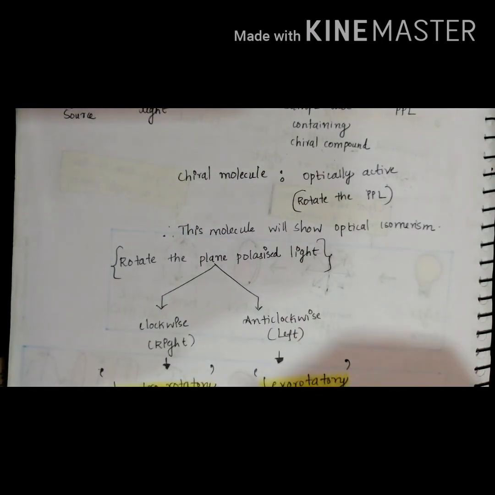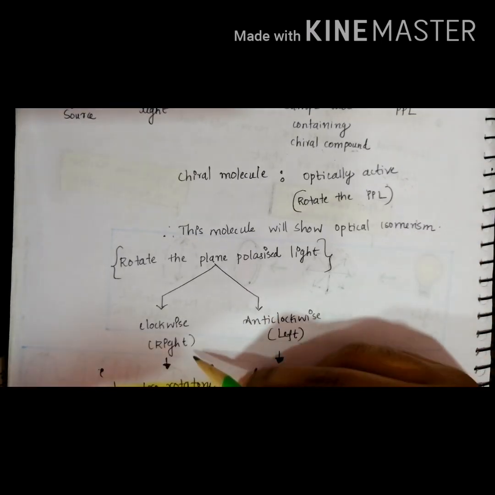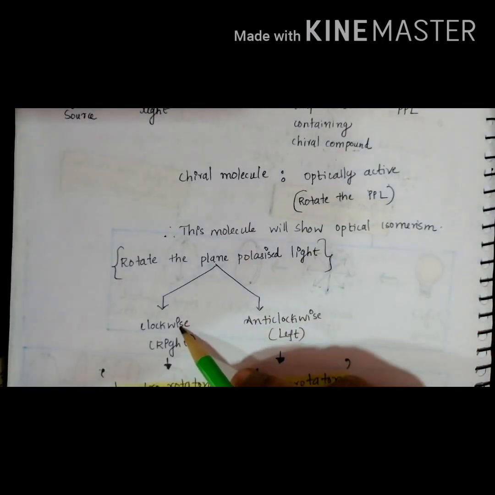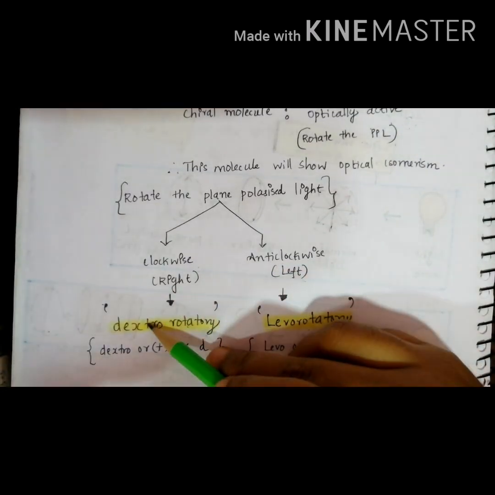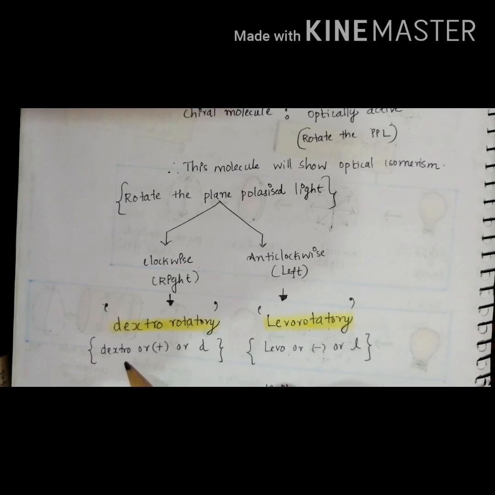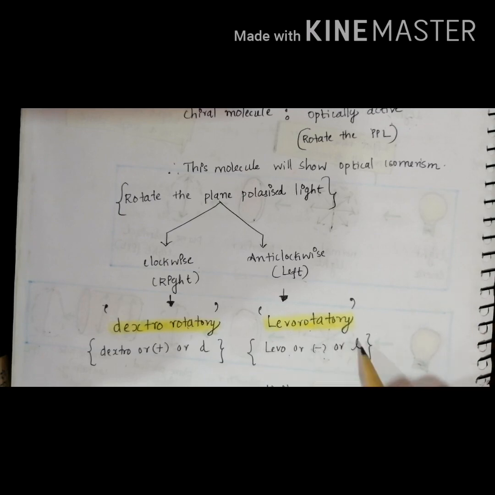If a compound causes rotation towards the right, or clockwise direction, the compound is said to be dextrorotatory, indicated by dextro, a plus sign within brackets, or a small letter d. Similarly, if a compound causes rotation of the PPL towards the left, or anti-clockwise direction, the compound is said to be levorotatory, indicated by levo, a minus sign within brackets, or a small letter l.